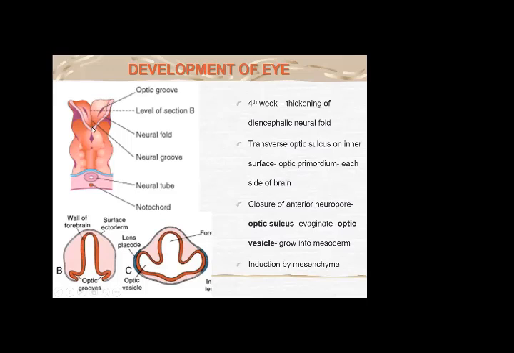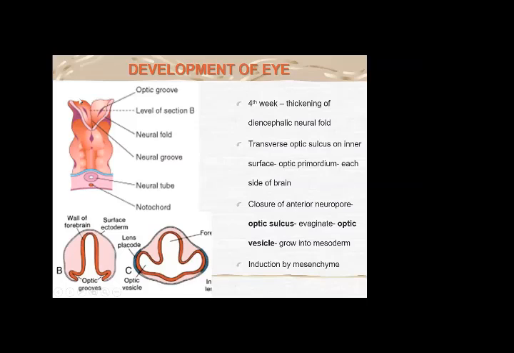And you know, the neural tube opens into the exterior, that is, it communicates with the amniotic cavity by two openings. These two openings are called neuropores, cranial and caudal neuropore, that close 2 days apart.